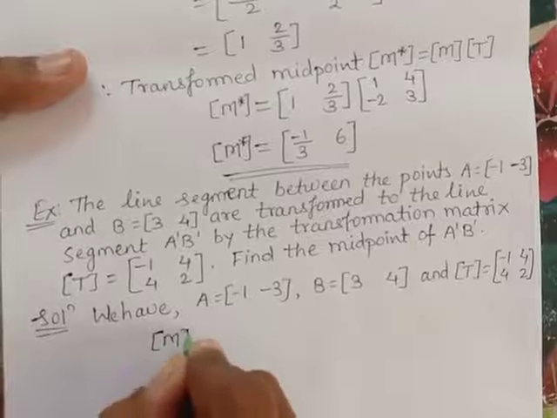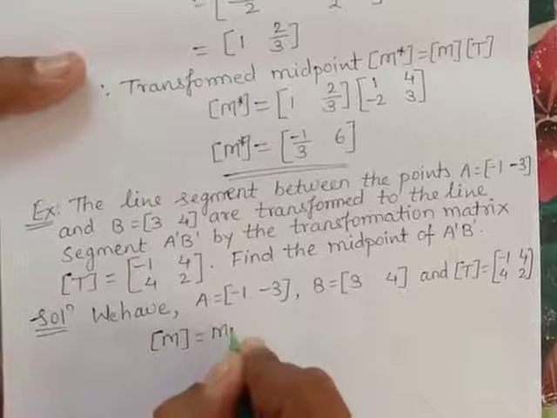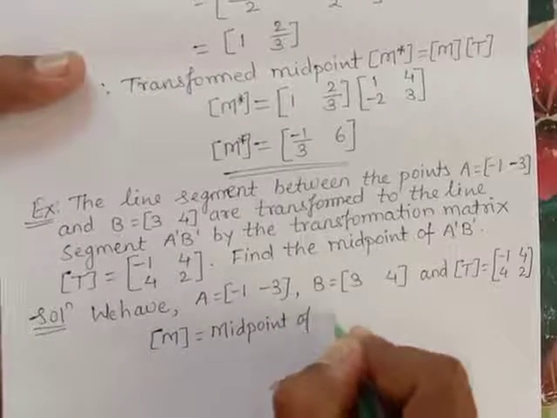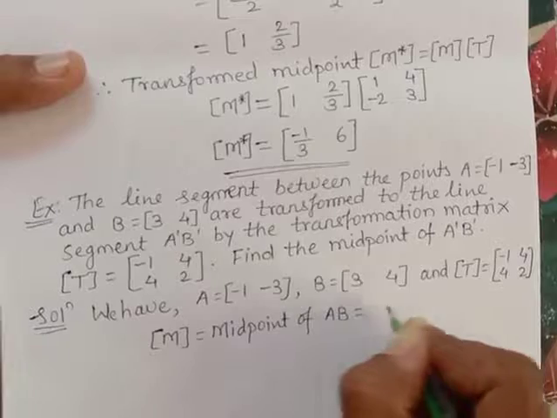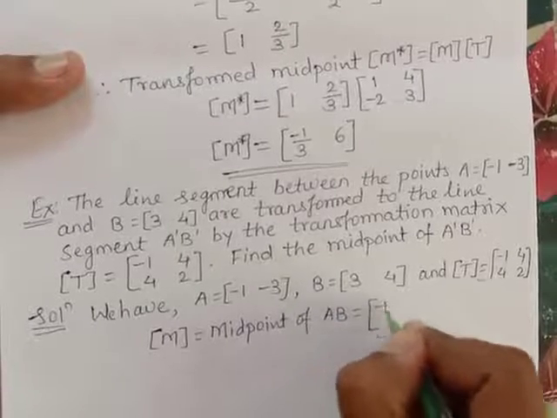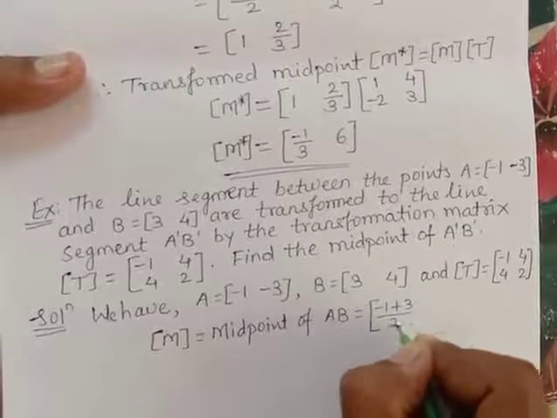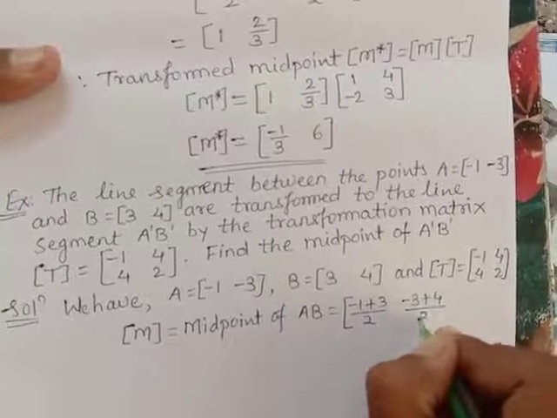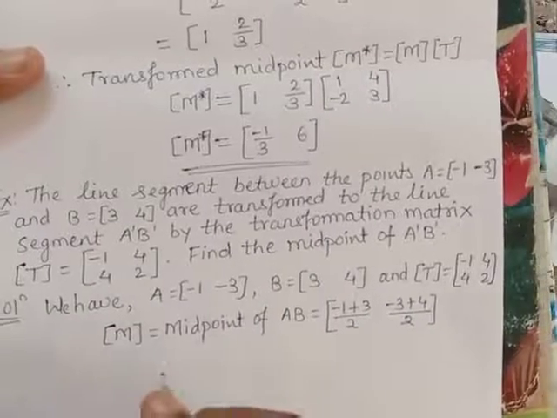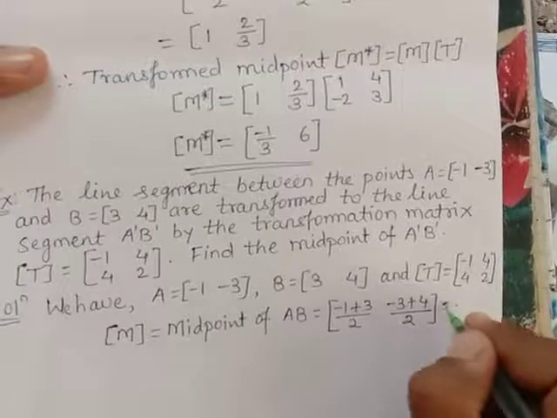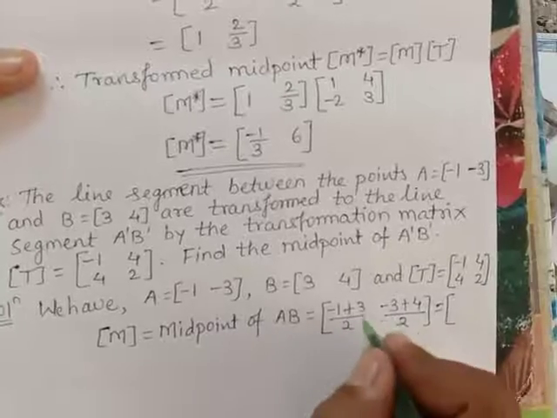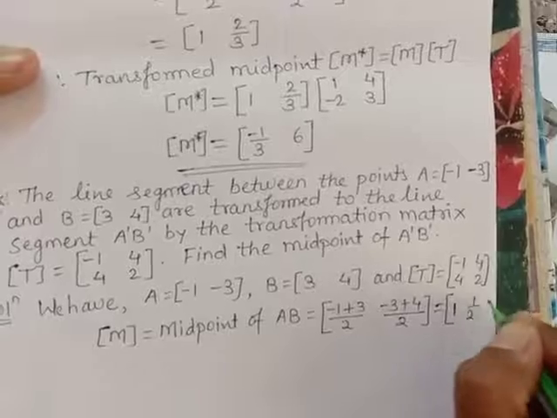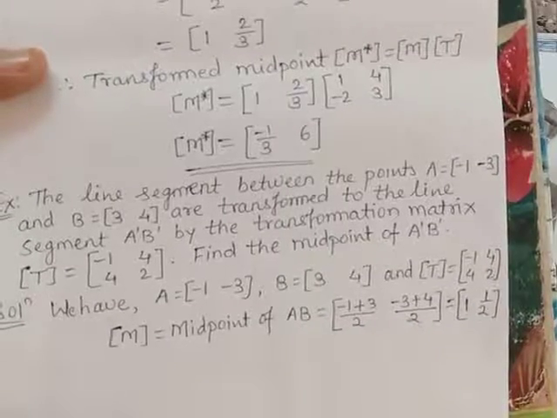M, that is the midpoint of AB. The midpoint of AB is (-1 + 3)/2 and (-3 + 4)/2. This is 1 and 1/2. This is simply a midpoint here.